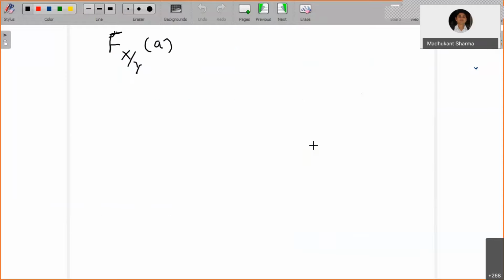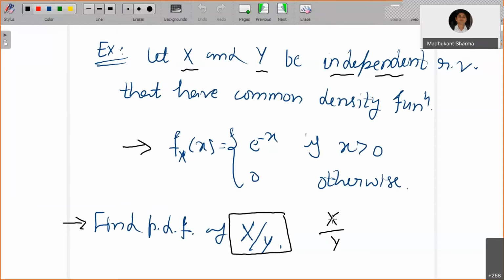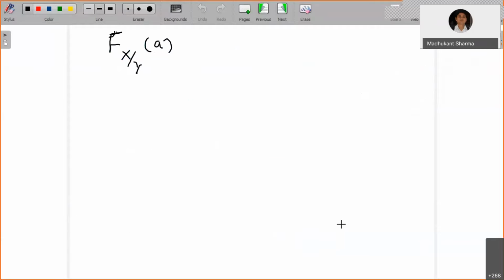This is because X by Y is never 0, since neither X nor Y takes the value 0 in this range, so this rational quantity never assumes 0. For a less than or equal to 0, it is certainly 0, so we do not worry about this.